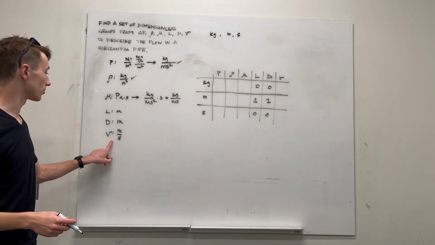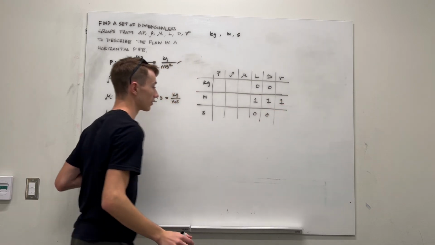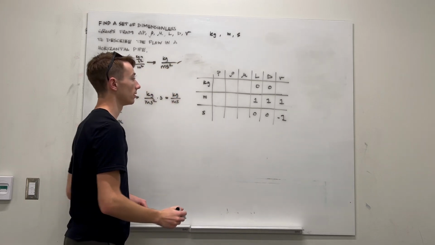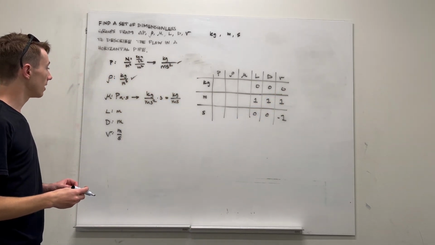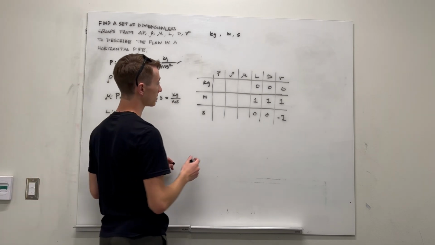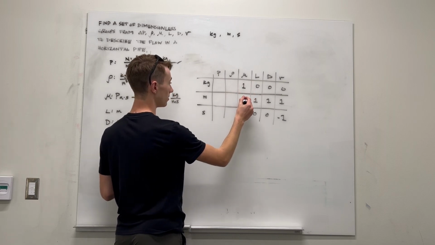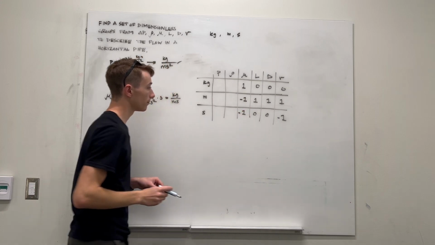Okay. Meters per second, however, has meters raised to the first power and seconds raised to the -1 power, and nothing for kilograms. Okay, and then we have viscosity, so kilograms over meters seconds.